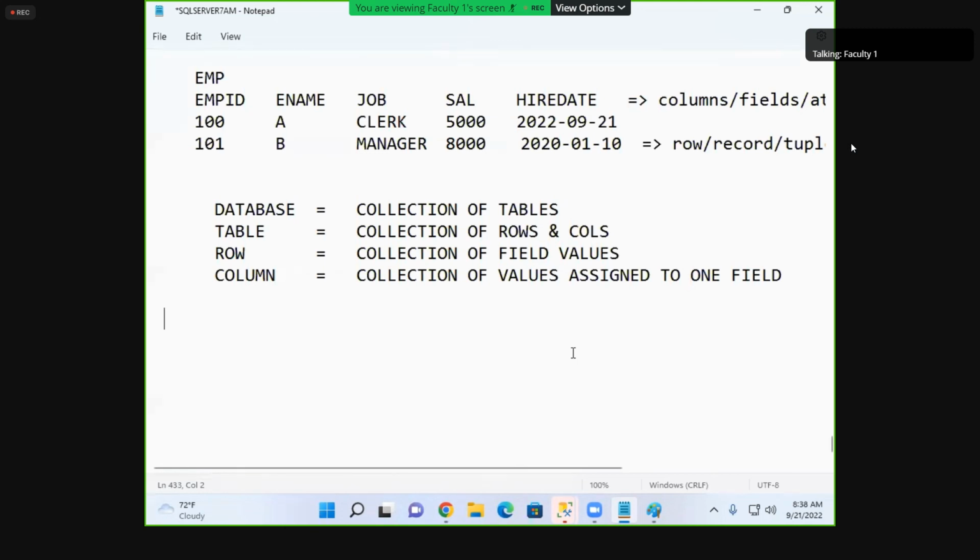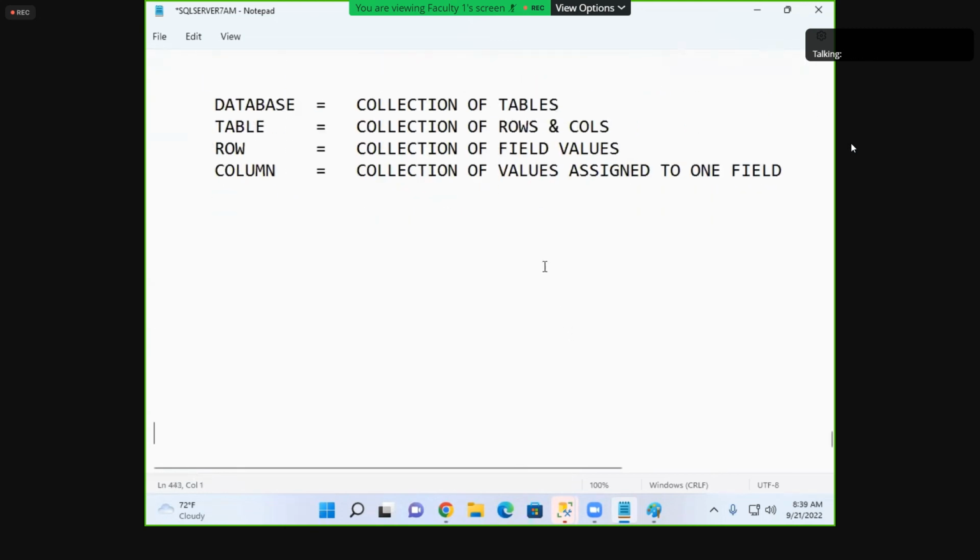For example, in banks, a customer opens an account. So they store customer data, and they store accounts data. One customer can open multiple accounts also: savings account, current account, fixed deposit, like this.